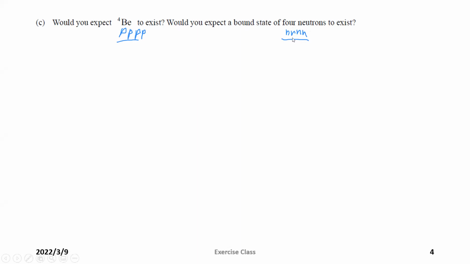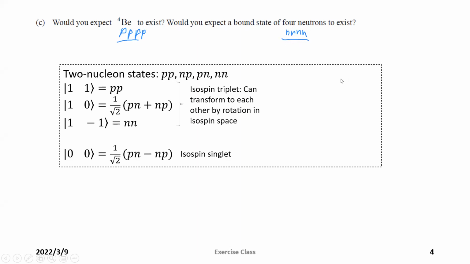Before discussing the case of 4 neutrons, we can first look back at the case of 2 nucleons. For 2 nucleon states, we have 4 possibilities: PP, NP, PN, and NN. But these states are not all eigenstates of the total isospin.